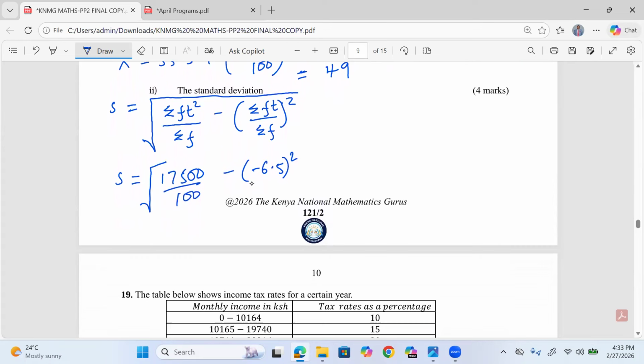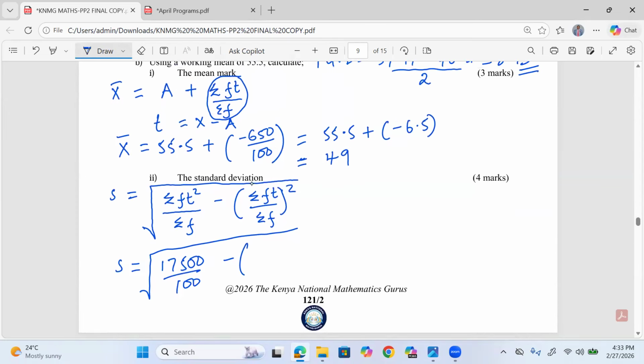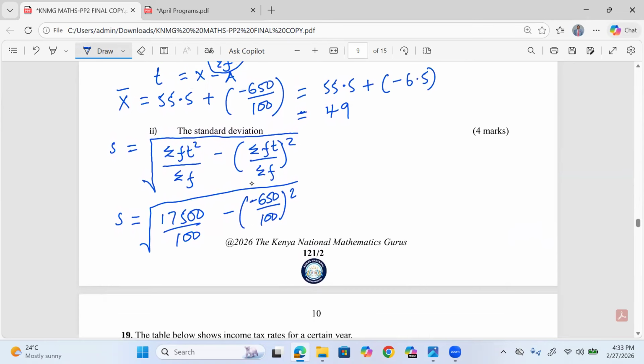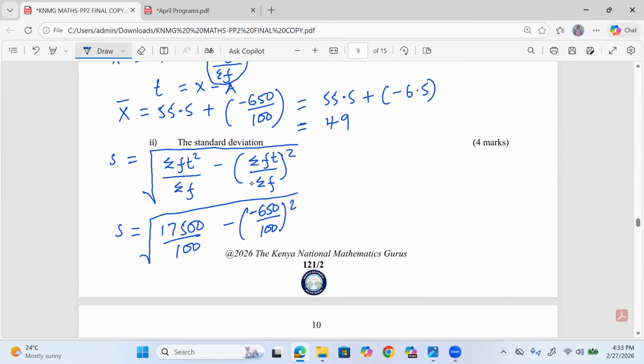Then we take the square root. So we can have negative 650 over 100. Then we square just like that. Let us now work out this part. We divide by 100.